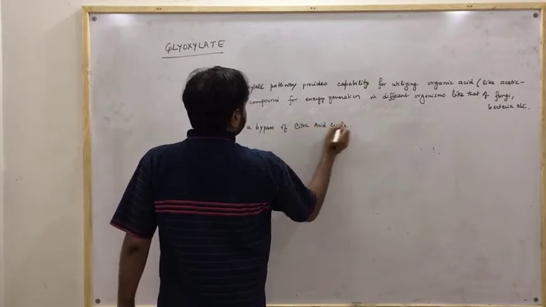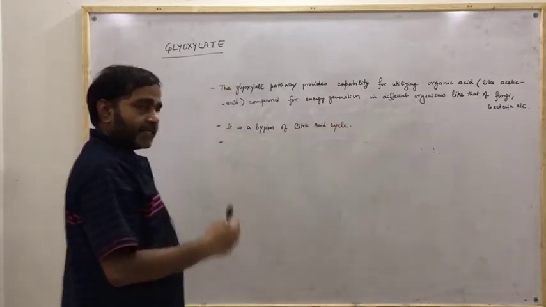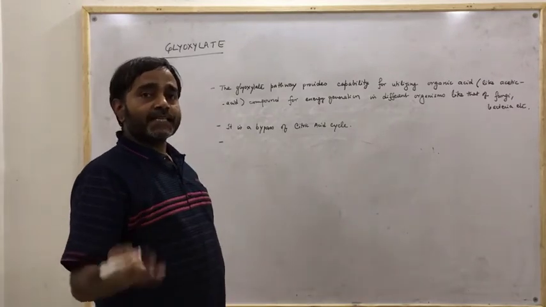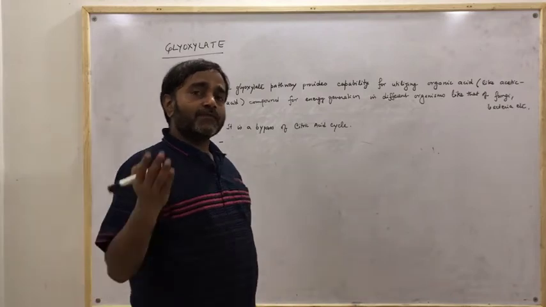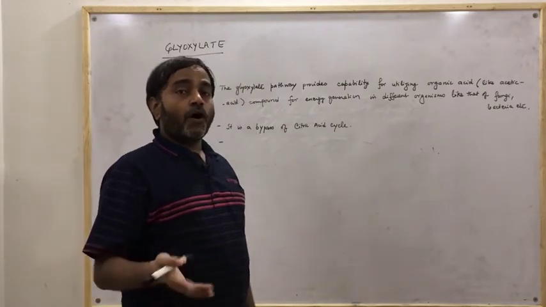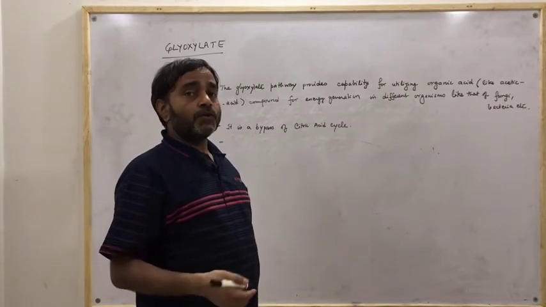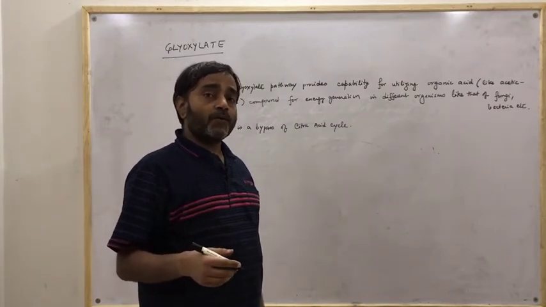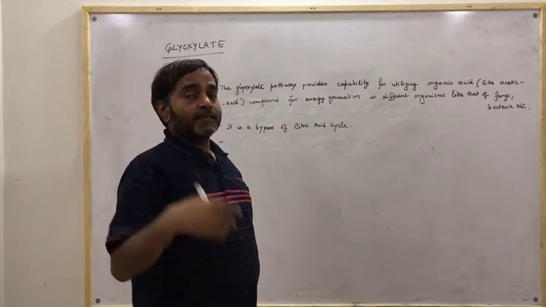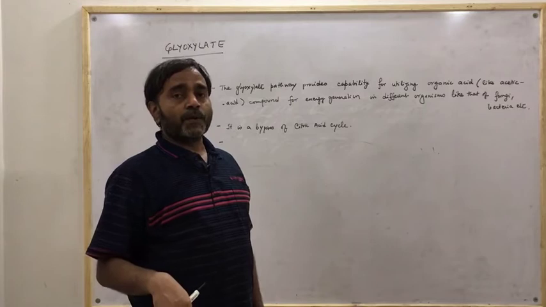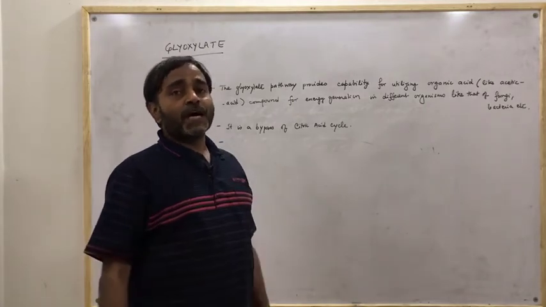The other thing is that via this cycle, gluconeogenesis is promoted because the acetic acid like compound gets converted into malate or oxaloacetate, which may further get converted into a phosphoenol pyruvate like compound that will finally result in the formation of glucose.